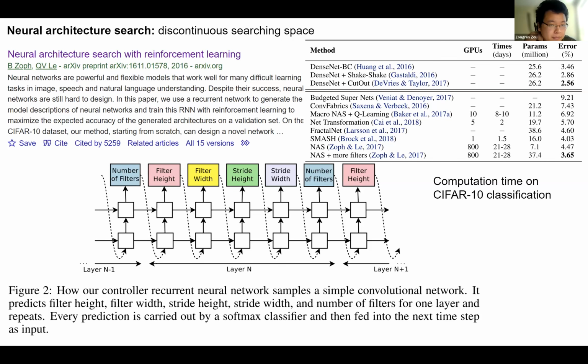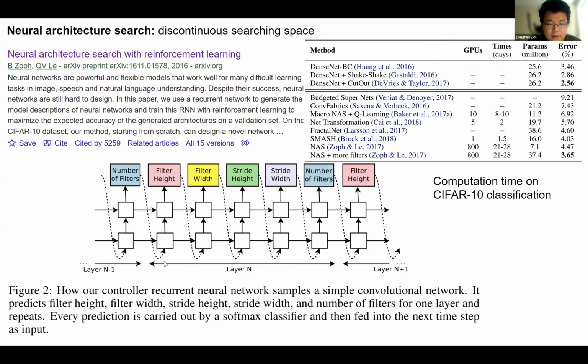I think this paper is perhaps not the first, but the first popular paper on neural architecture search, and it is done with reinforcement learning. It was put on arXiv in 2016 and accepted in 2017. In this work, a controller is used to sample the architecture.